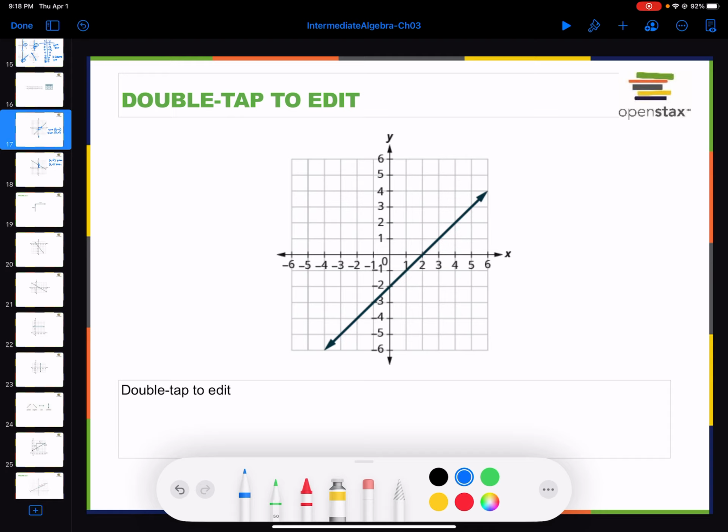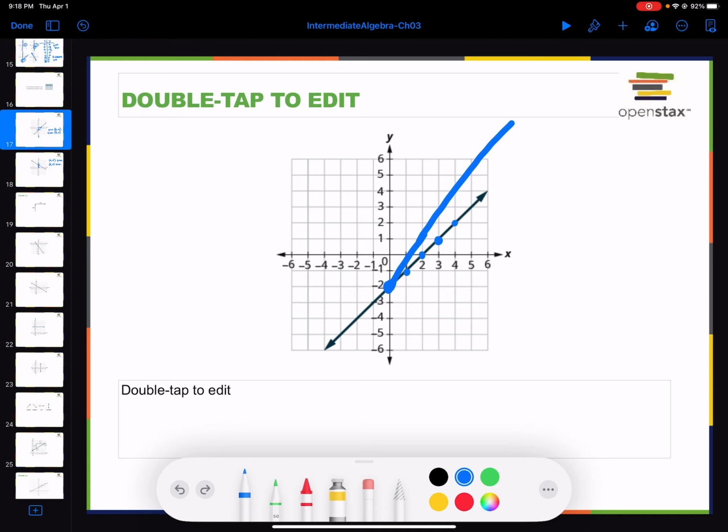In this case, pretty much every jump is actually a point. Sometimes you might get something where it's going to go up more like this. So in that case, you've got a point here, and then you wouldn't have another nice clear point until here. And then you would have another one about here. So either way, it helps if you get some points that are nice on grid lines so that you know that it's an exact point.